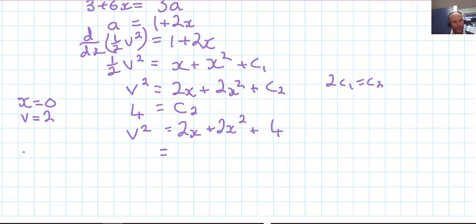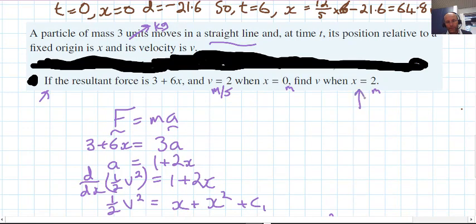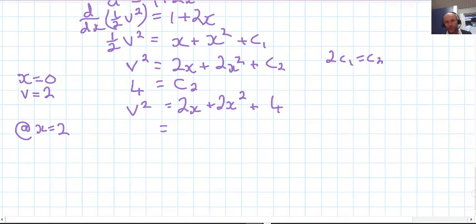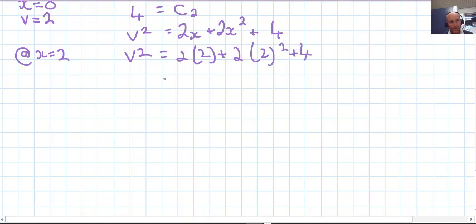So at x equals 2, because the question asks us to find v when x equals 2, we look at that by substitution, so we get v squared equals 2 by 2 plus 2 by 2 squared plus 4, and we've got 16 there. Okay, so v is plus or minus 4 meters per second. So there's two solutions, there's two velocities there, and that happens sometimes. Thank you.